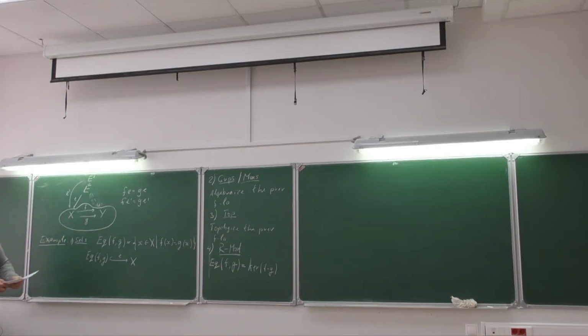But if the other map is not 0, you look at the kernel of the difference, it will be some submodule. And you look at the universal property for the kernel of the difference and the universal property of the equalizer. These are again two universal properties.